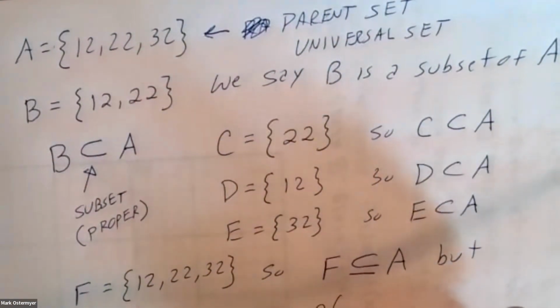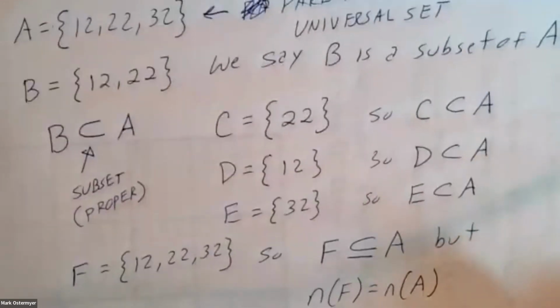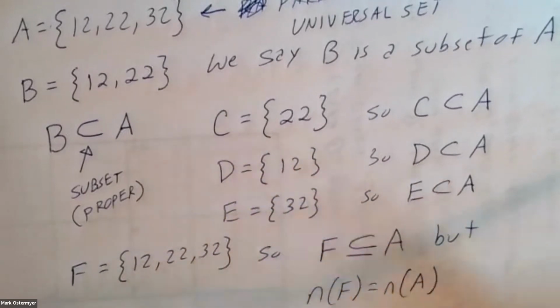The number of elements in set F is equal to the number of elements in set A. So when the cardinality of two sets are equal and one is a subset of the other set, then we would have to use this little horizontal bar underneath our subset symbol.